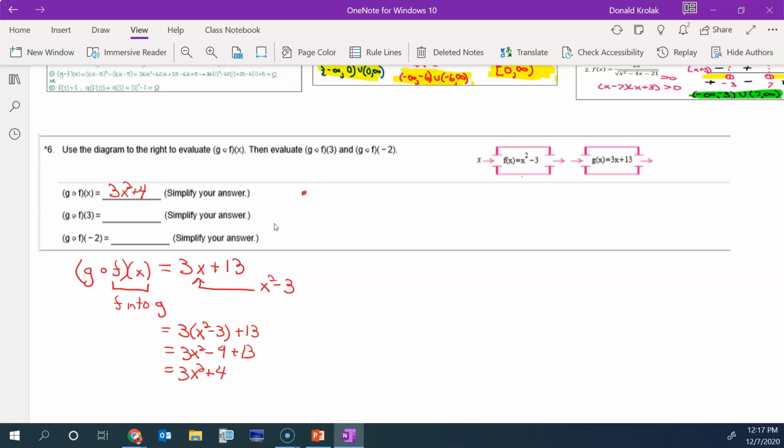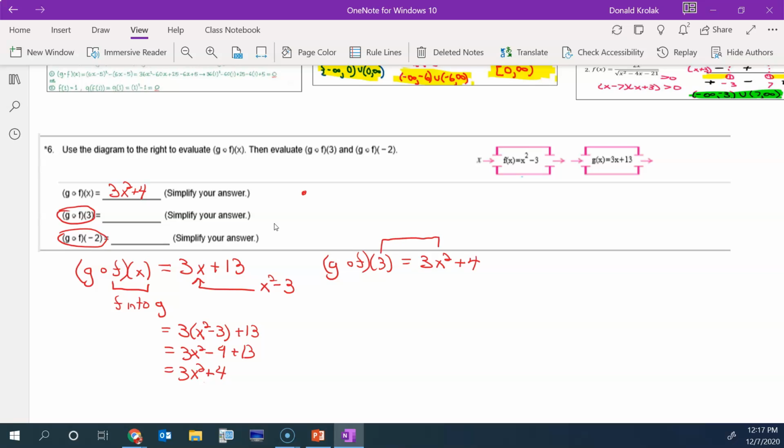Now to evaluate these, you did the composite, it's right here. So all I've got to do for this next part is substitute x into the equation that I found here. So 3x squared plus 4, that's my composite.